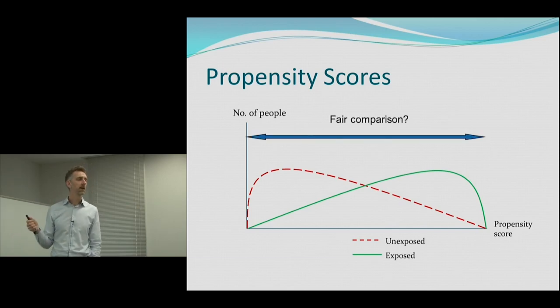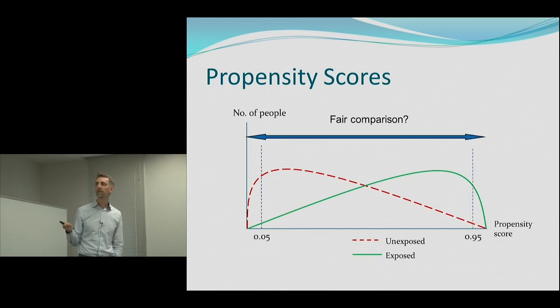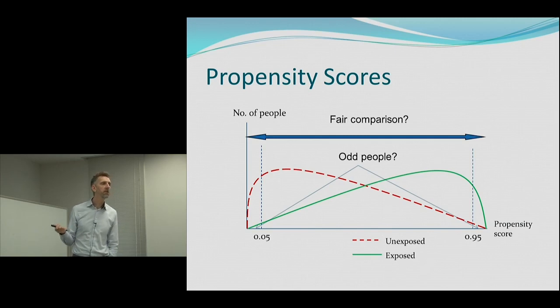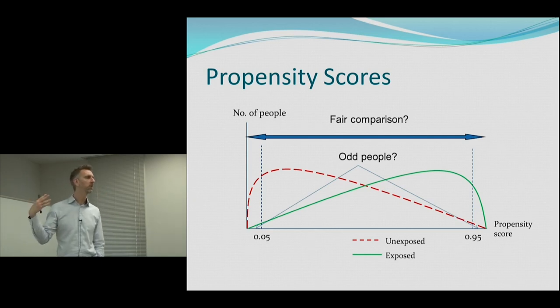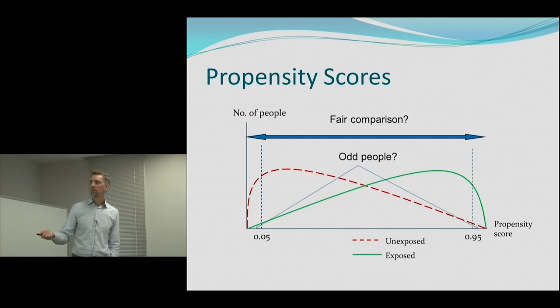There's another argument that says, if we want to make a fair comparison, maybe we ought not to include the people at the very extremes of the score who were treated contrary to, or other than, what you would have expected from their score. So here you've got people with very, very low scores but who are given the treatment.